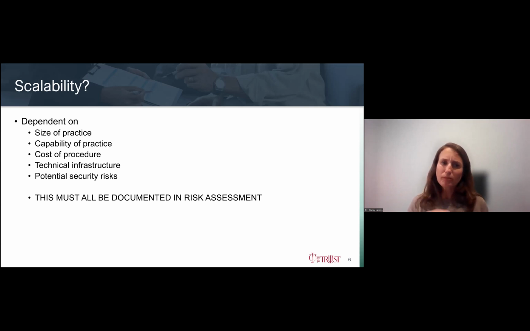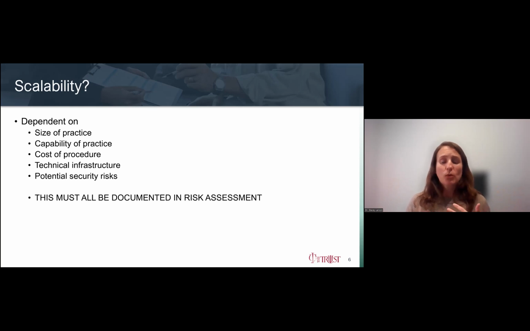One thing about cost that I want to talk about is the security rule guidance cautions that cost is not meant to free providers from inadequate security measures. So yes, maybe this option of an EHR is out of the budget for the practice, but maybe a more simplistic EHR would be within the budget.